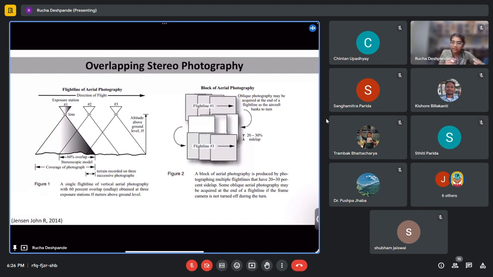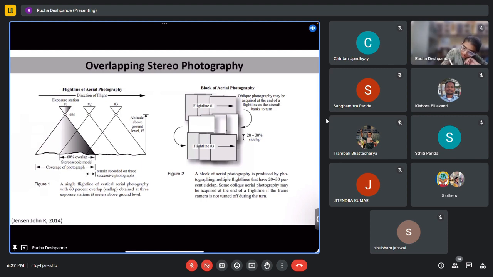This overlap is also important to join different images together. We can look at the common points between different images, and then these images can be placed together in a proper manner. This first image shows an example of longitudinal overlap.